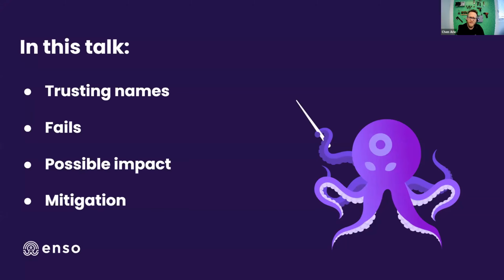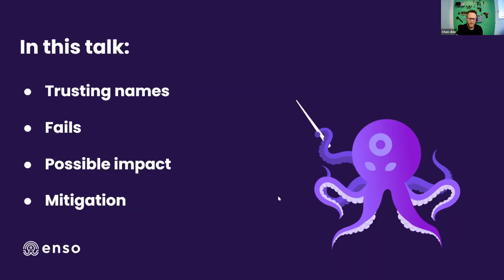What can be the possible impact when something along this trust chain or trust layers fails? And then what can we do as practitioners, as people that practice application security and that try to help our teams, or as developers, how do we deal with it? How do we approach this problem from a mitigation perspective?